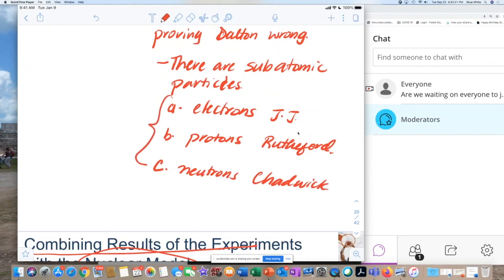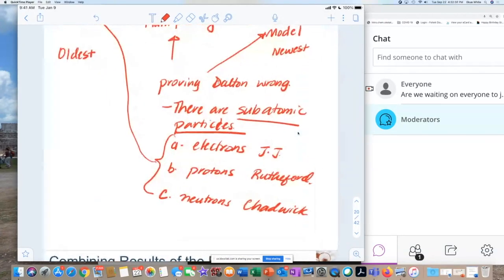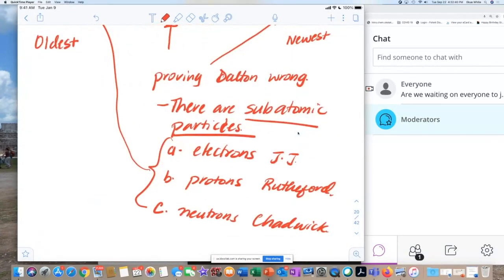So these three men together helped us discover that subatomic particles exist inside the atom, which is the opposite of what Dalton said. So the proof and the existence of subatomic particles essentially told Dalton, you got it wrong. There are particles inside the atom. There are three of them: electrons, protons, and neutrons.